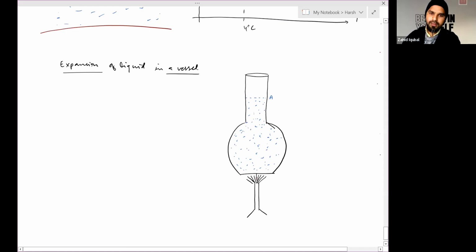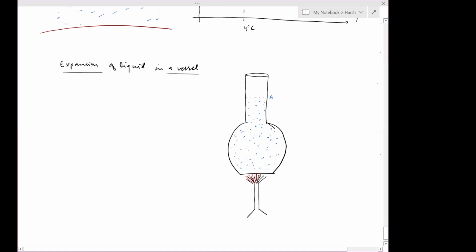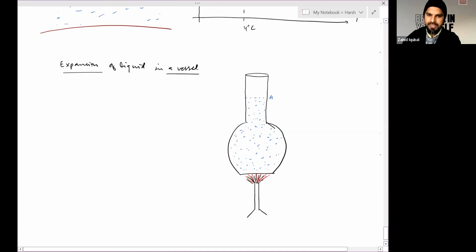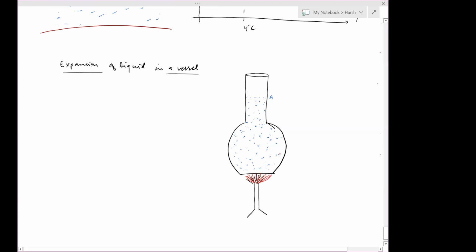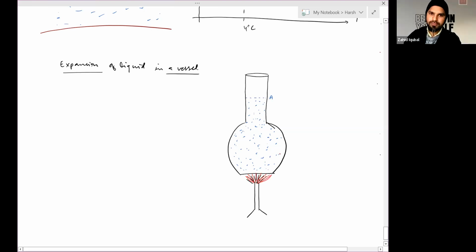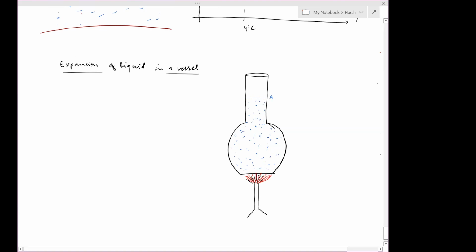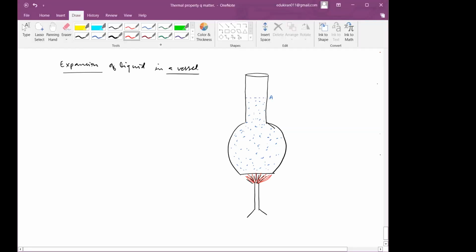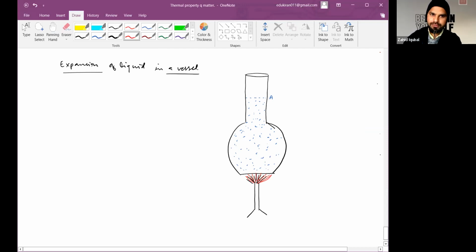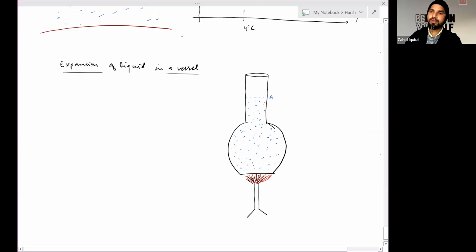Just think, on giving heat, which one will receive heat first, the vessel or the liquid? Vessel. So which will expand first, liquid or vessel? Vessel. So if the vessel expands from its normal volume, will the level of liquid increase or decrease? Decrease. Good. Initially, since heat is being absorbed first by the vessel, its volume would increase, so the level of liquid should decrease initially.